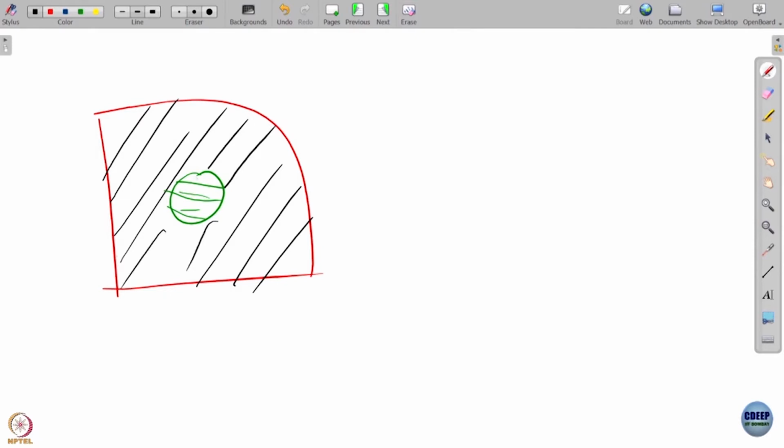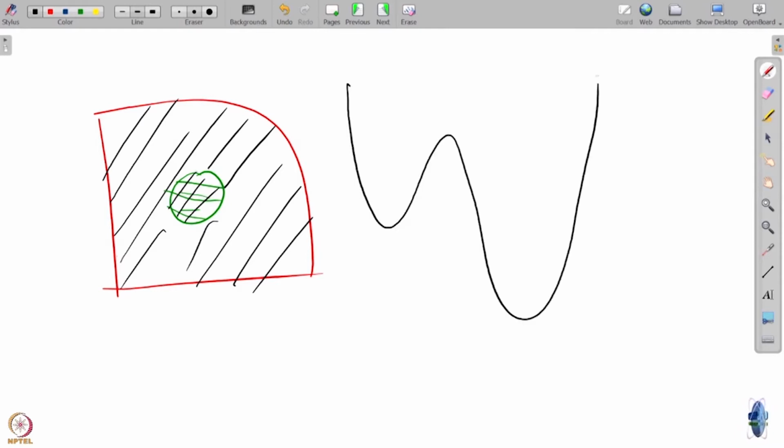This embryo is a nucleus of the new phase, and that tries to grow. So in this landscape, this is somewhere here. This guy tries to grow by spontaneous fluctuation, and then it comes down again, then again goes, finally it goes here and goes over, and then there is an explosive growth. So the phenomenon of an embryo growing into a metastable phase is nucleation.